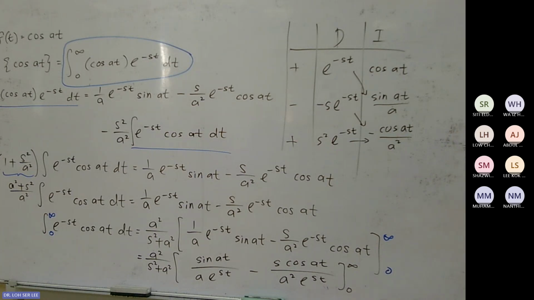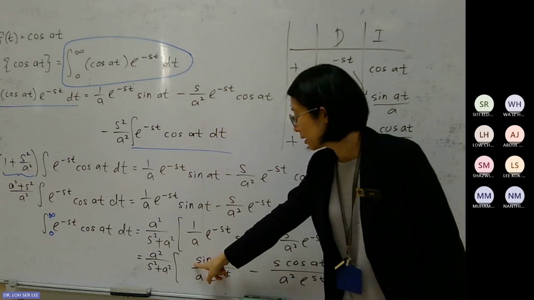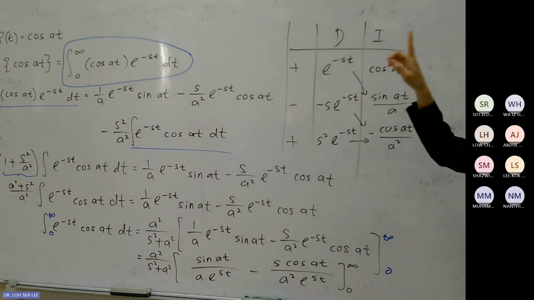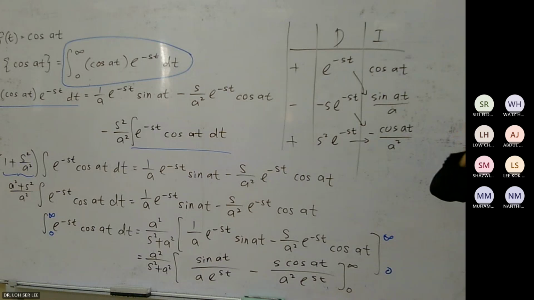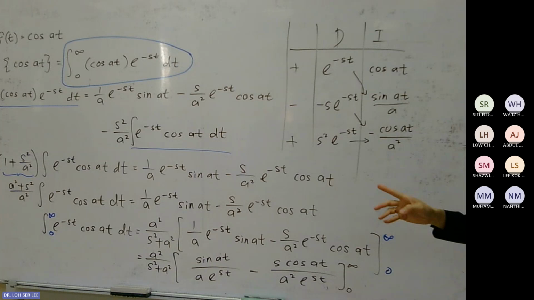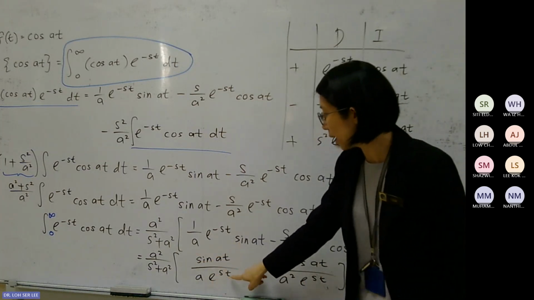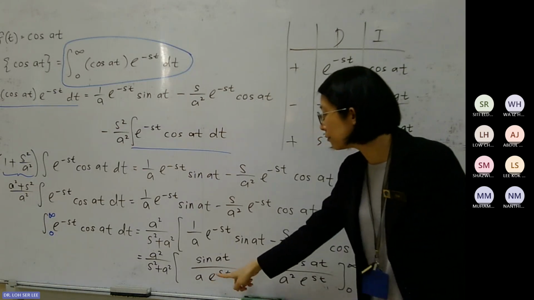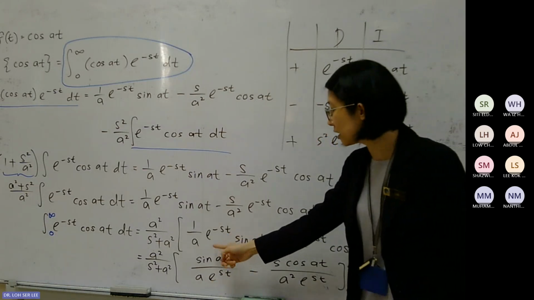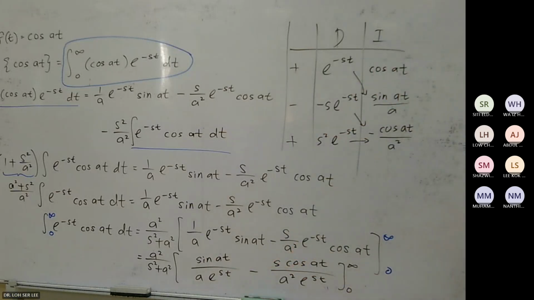When you sketch the curve of the sine function, what is the max and min? 1 and -1, right? It depends on the values here. If this is 1, your sine function is from -1 up to 1. So it won't go to infinity. It's just a constant within -1 and 1 when you substitute infinity into here. But here, e infinity is infinity. A normal constant over infinity, you get 0.